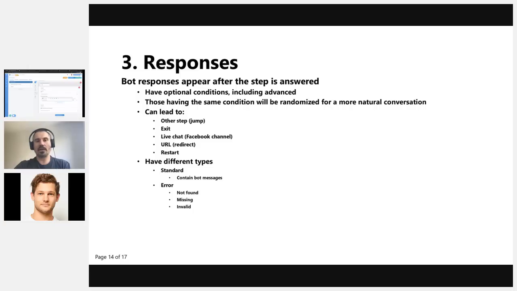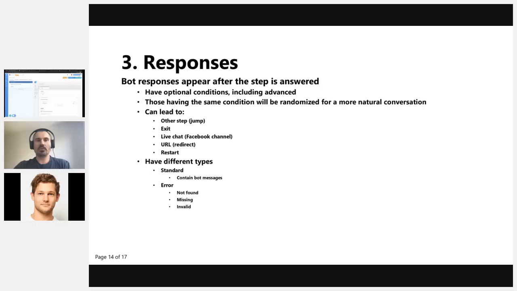So if I answer yes on this step, then those messages will be shown, and then important part is the next step. That's where the conversation will go to after those messages will be shown. For the response, also the same set of types of messages can be shown.